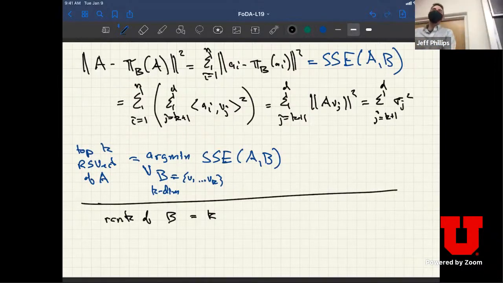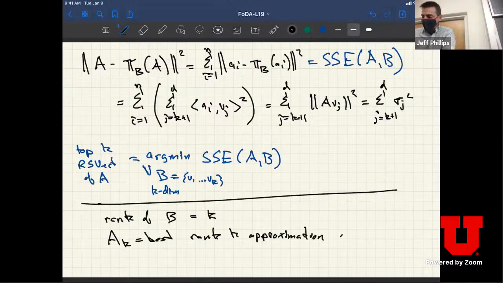I often want to find the best rank K approximation of A. So we're often going to say A sub K is the best rank K approximation of A. It's going to be a matrix AK, and this is sometimes what we think about as B. This will be a rank K matrix.